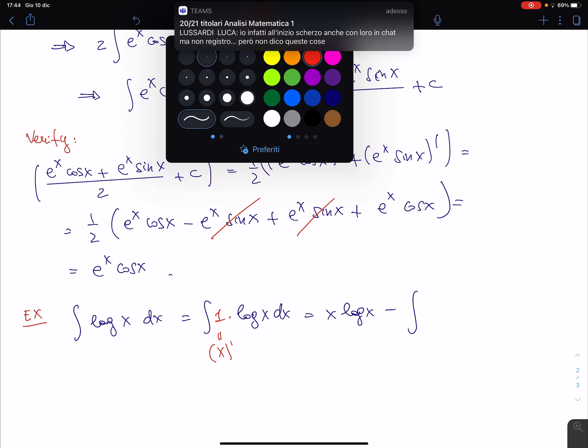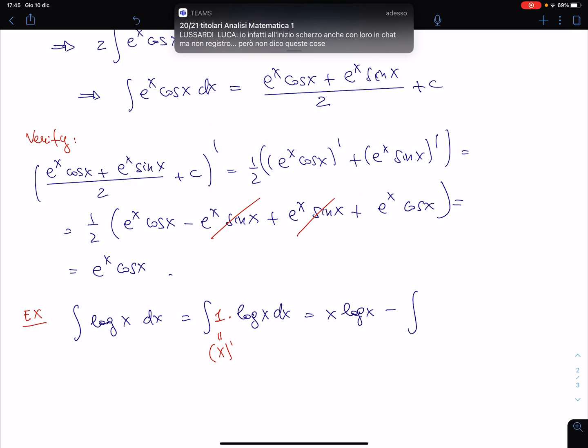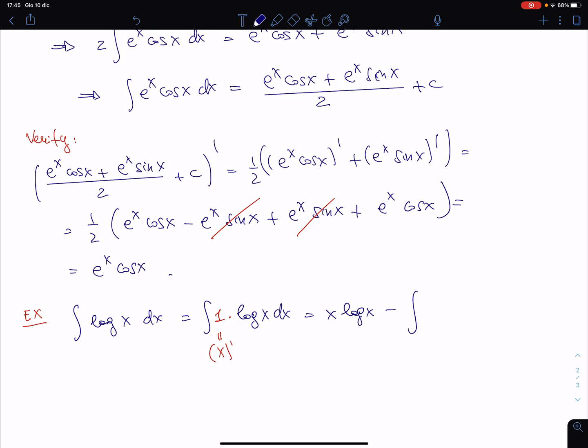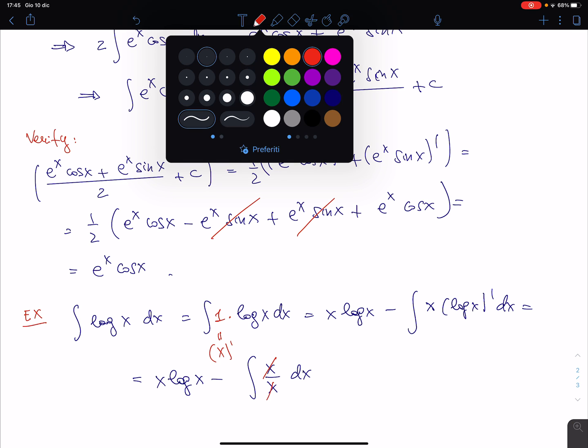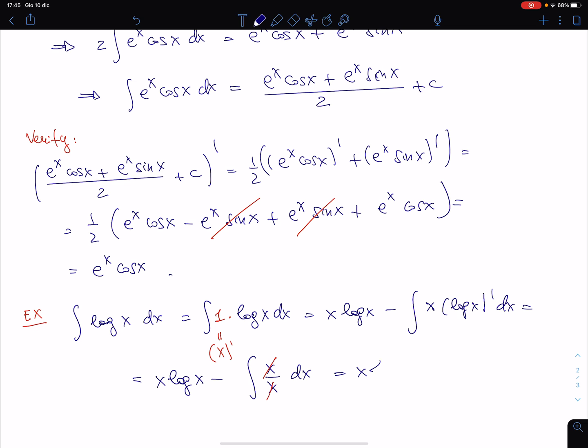So this is x log x minus the integral of x times the derivative of log x dx, this is x log x minus the integral of x divided by x dx. So this is 1, and so again you have x log x minus x plus c.